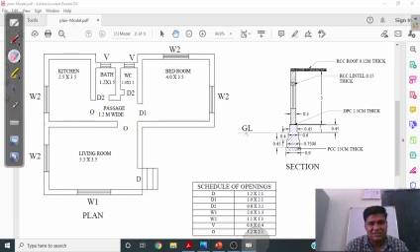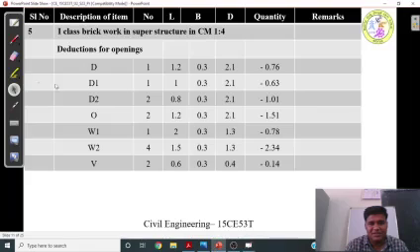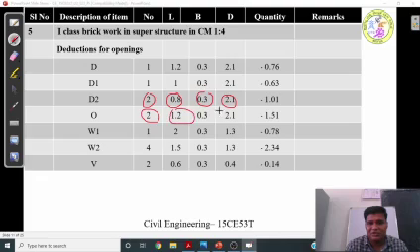So let us write this in the PPT: D2, there are two numbers of 0.8 by 2.1 and the width is 0.3, and the opening is two numbers 1.2 by 2.1 and the width is 0.3. So 2 into 0.8 into 0.3 into 2.1 will give me 1.01 cubic meters. 2 into 1.2 into 0.3 into 2.1 will give me 1.5 cubic meter.